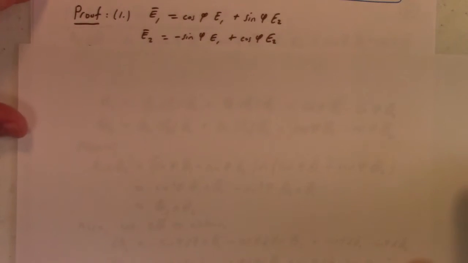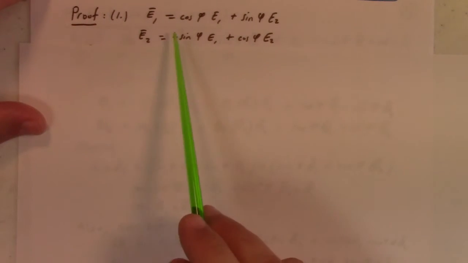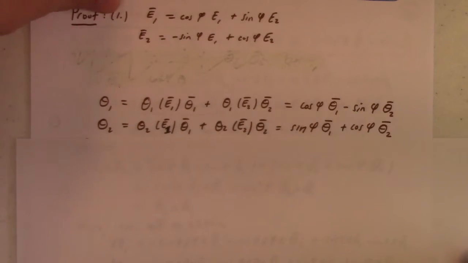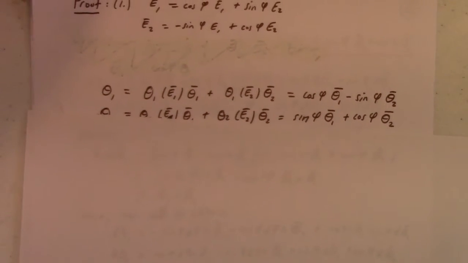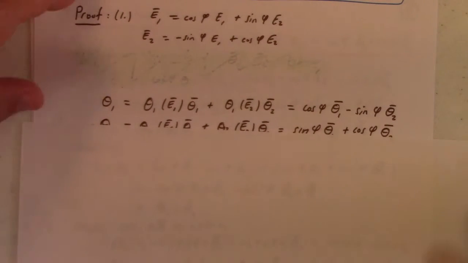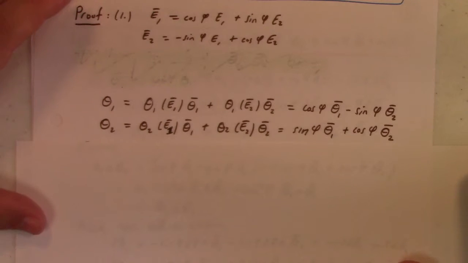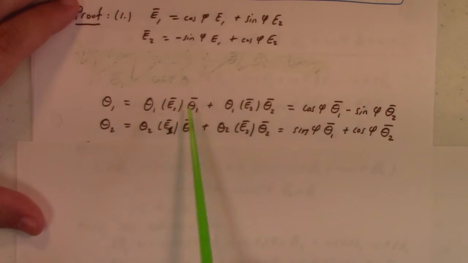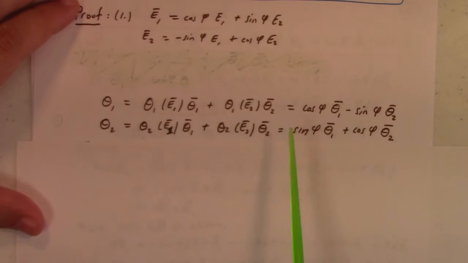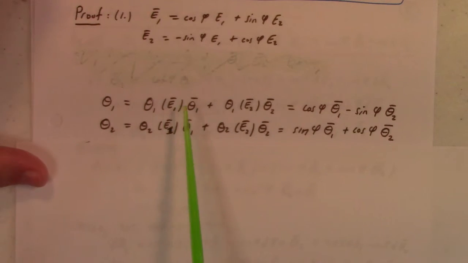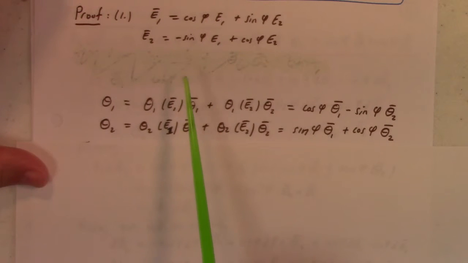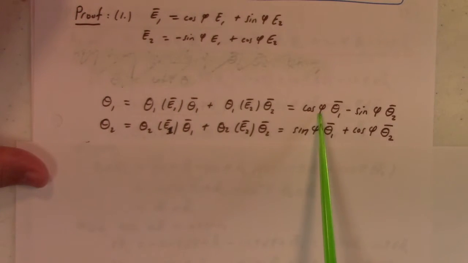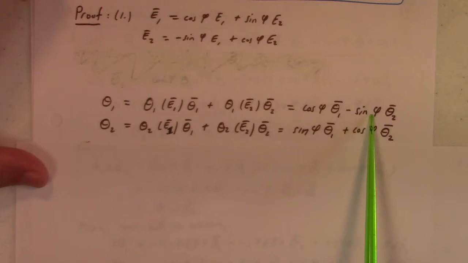So here's your relation between the barred frame and the original frame. Then, of course, I can expand theta 1 and the barred theta 1, barred theta 2, like that. But if you look at theta 1 of E1 bar, how do I know that that's cosine phi? I know that's minus sine phi.